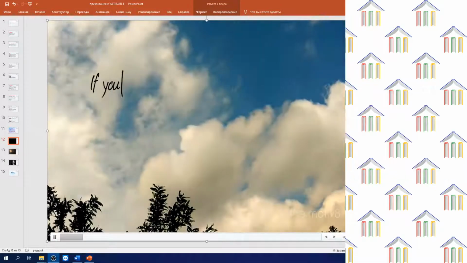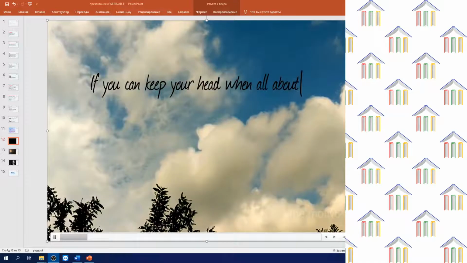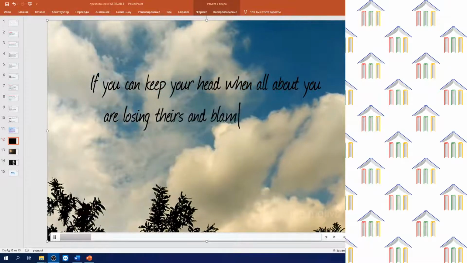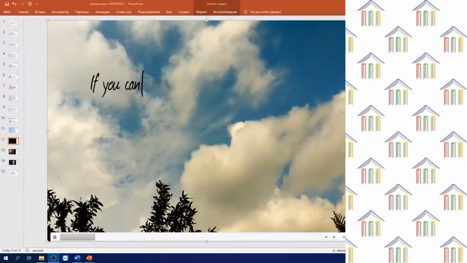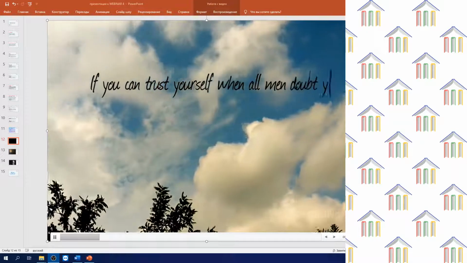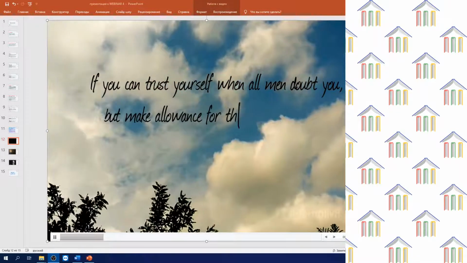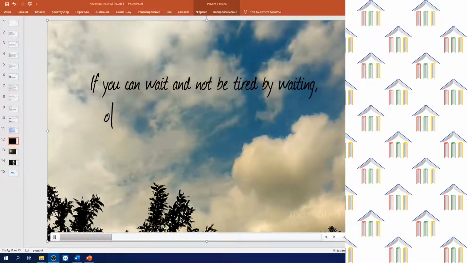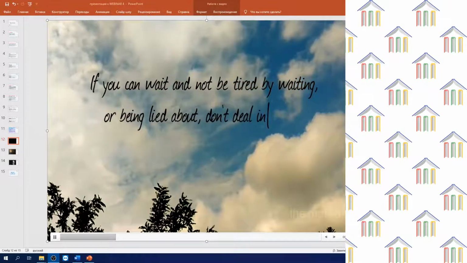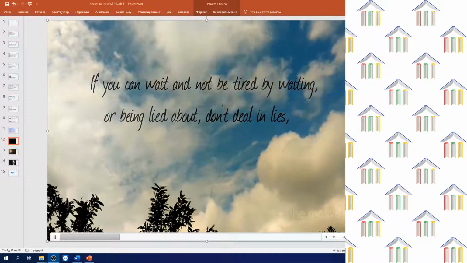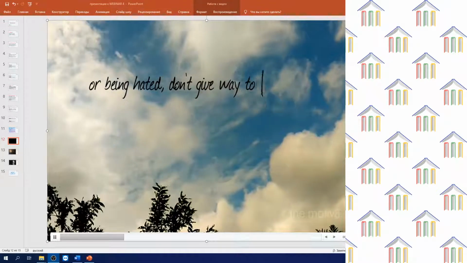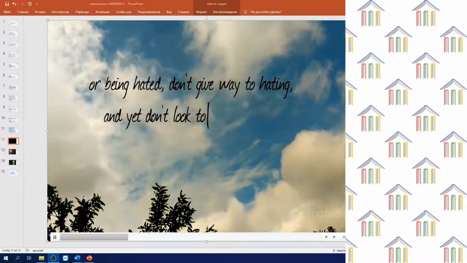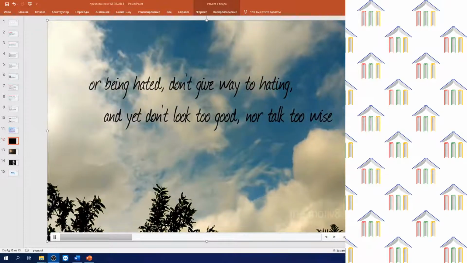If you can keep your head when all about you are losing theirs and blaming it on you, if you can trust yourself when all men doubt you, but make allowance for their doubting too, if you can wait and not be tired by waiting, or being lied about, don't deal in lies, or being hated, don't give way to hating, and yet don't look too good, nor talk too wise.